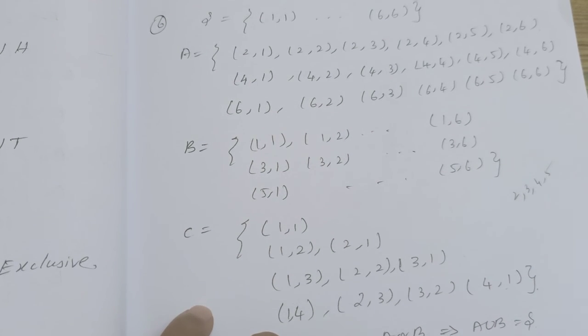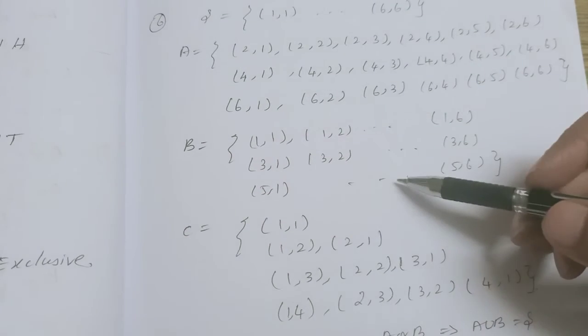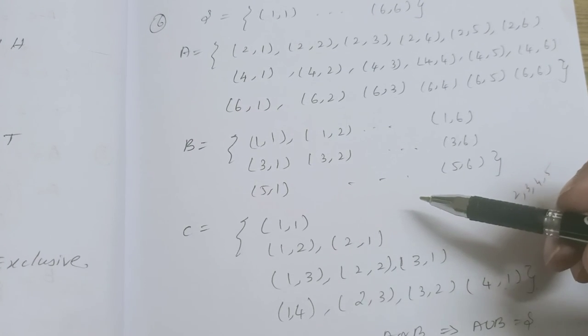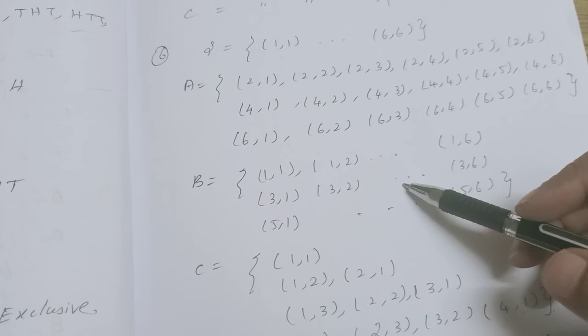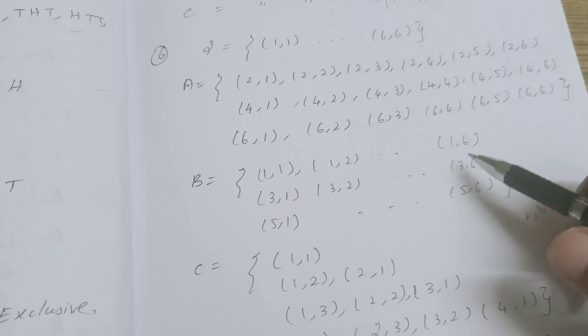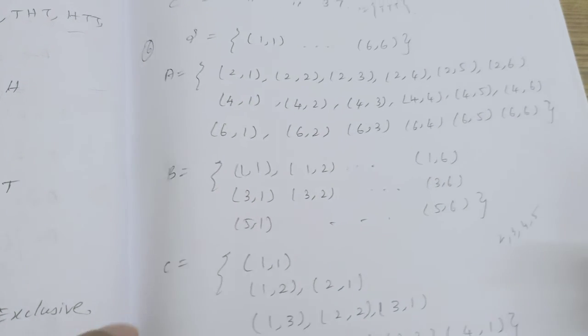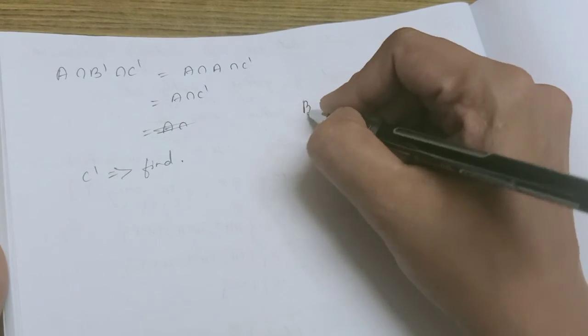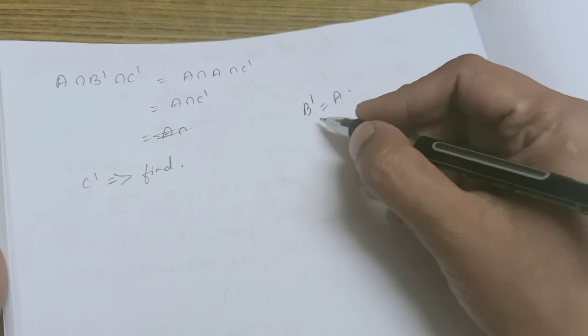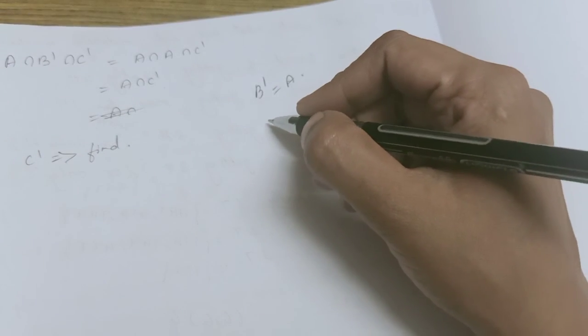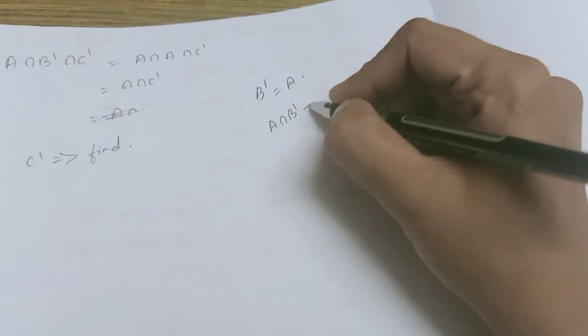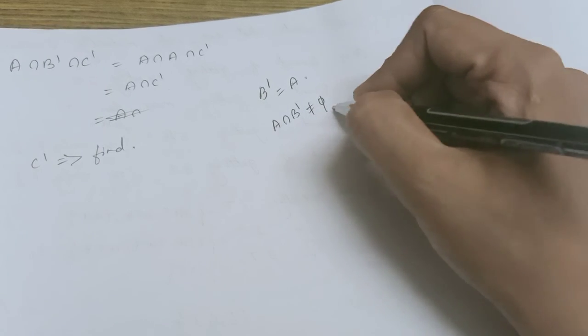The next one, we are asked to check whether A and B dash are mutually exclusive. We have seen B dash is equal to A, so surely both are the same. If you take A intersection B dash, it will not be empty, because they are the same.